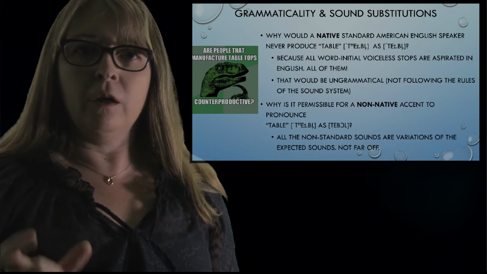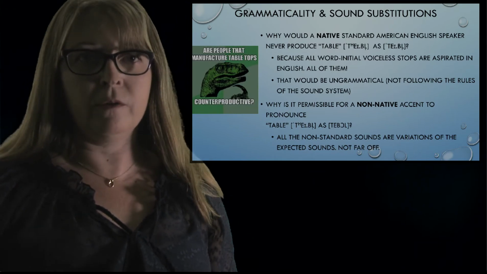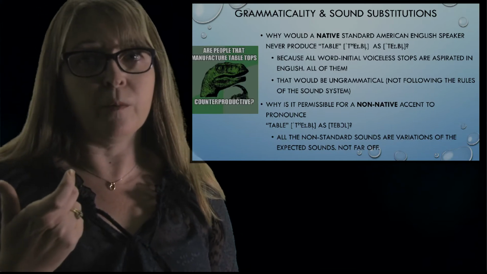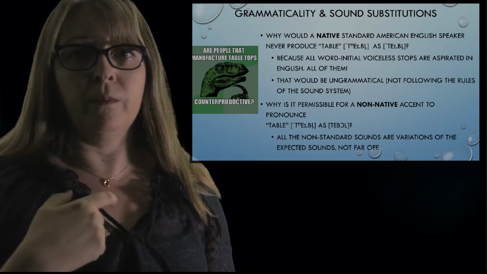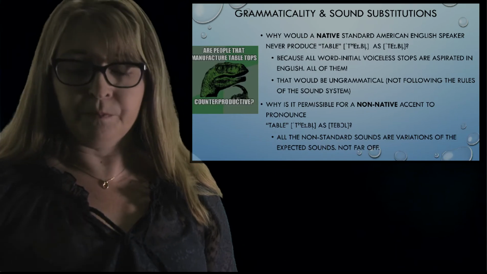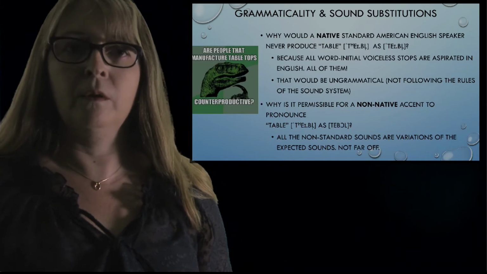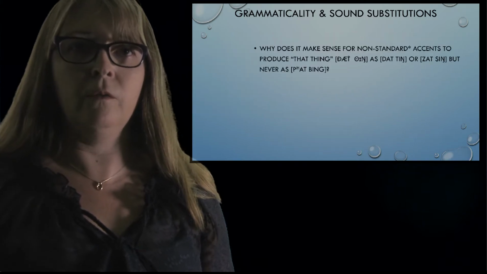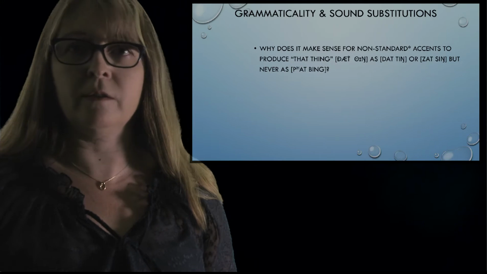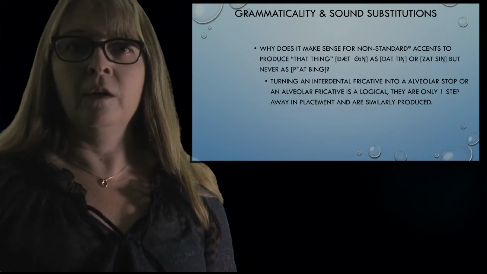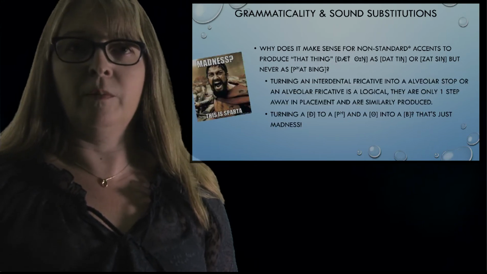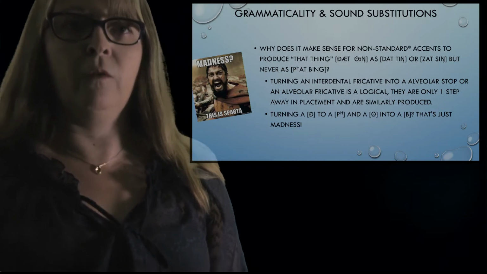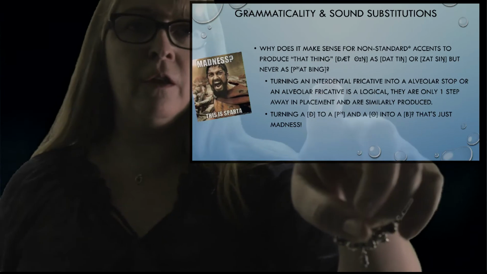However, there are non-standard sounds that are like variations, and they're not very far from what our sound would be. Okay, let's go on. Why does it make sense for non-standard accents to produce such sounds, for example, if I want to say that thing in English?